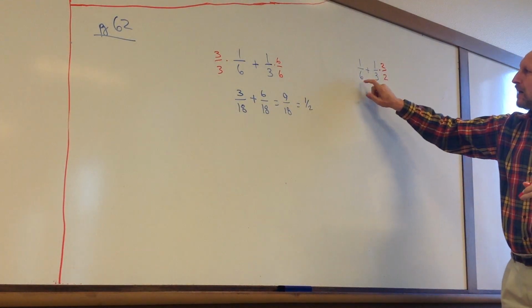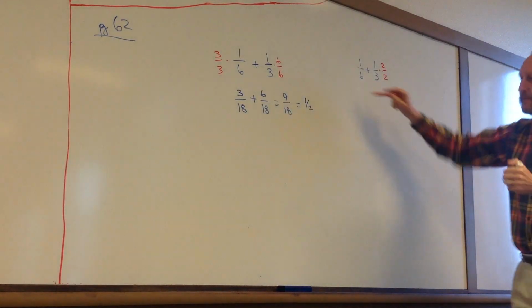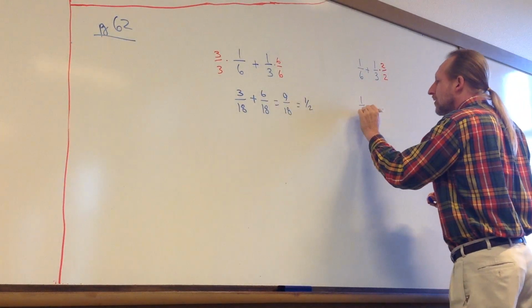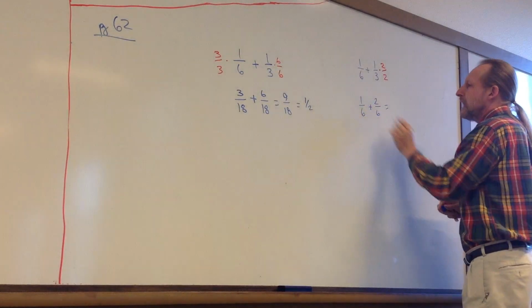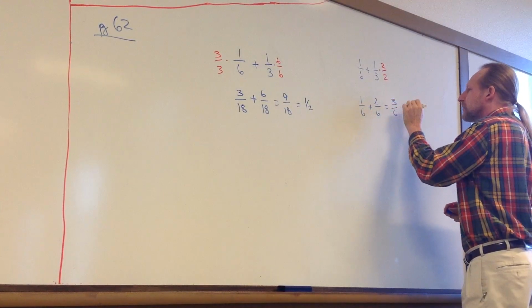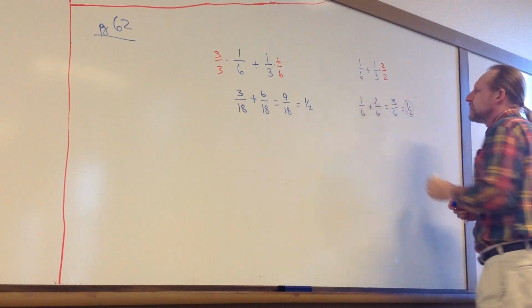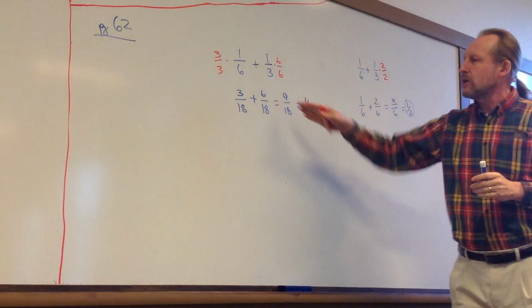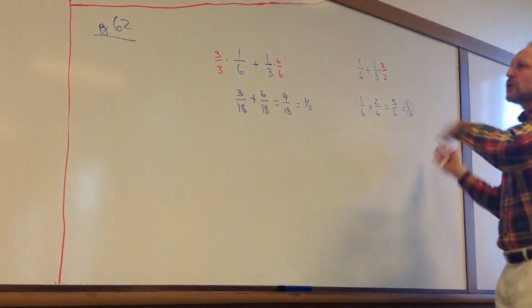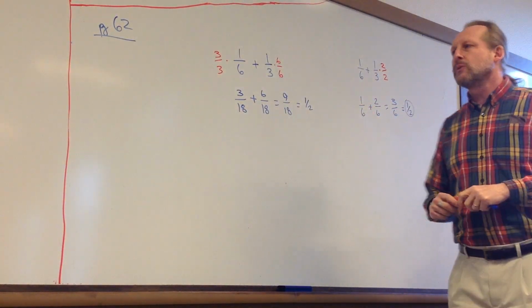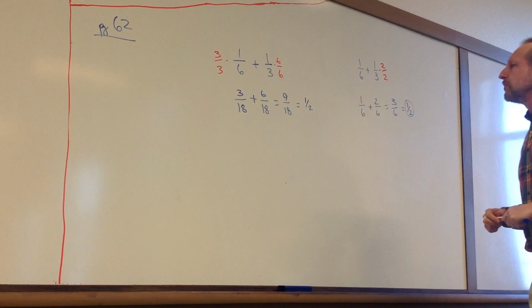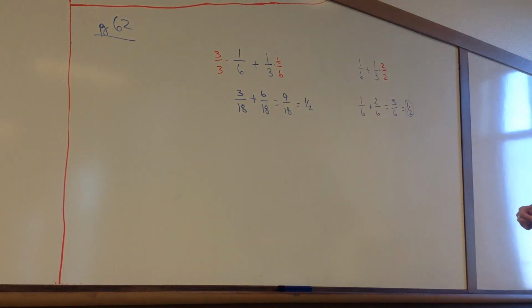This could be our common denominator. We could just keep the 6 here, and then this one would be 2 over 6. And now when we add them, we get 3 over 6. We still have to reduce it, but notice that the numbers are smaller. That's not so important in this particular problem, but in the problems with algebraic fractions, it will be a much bigger issue.